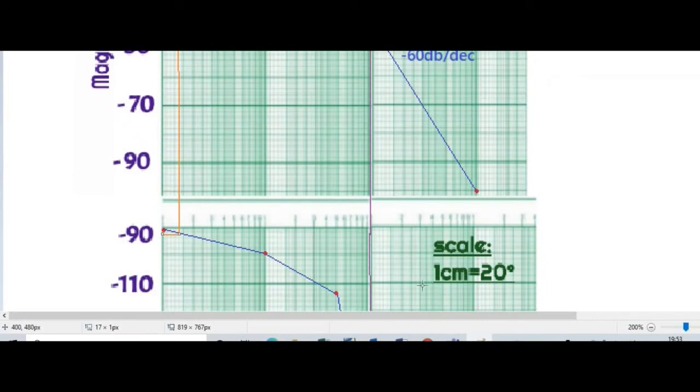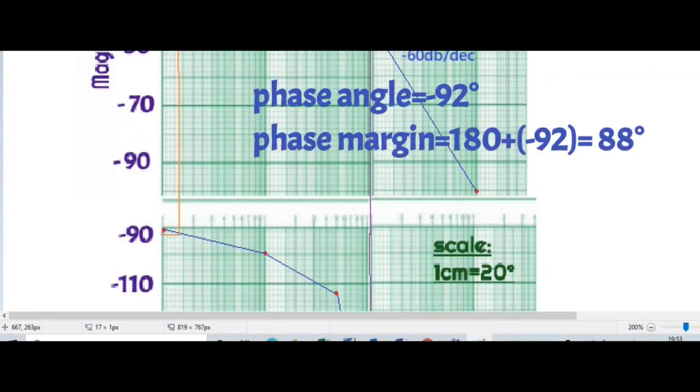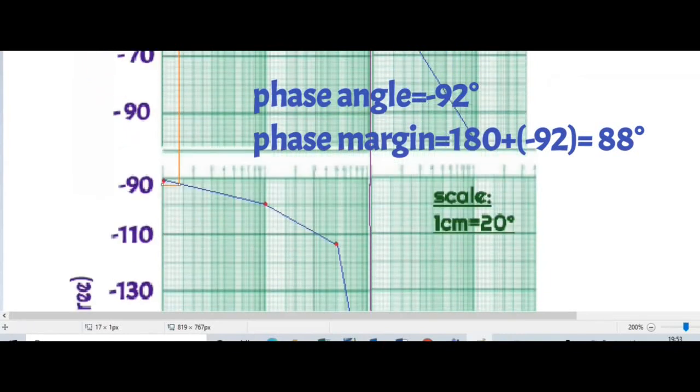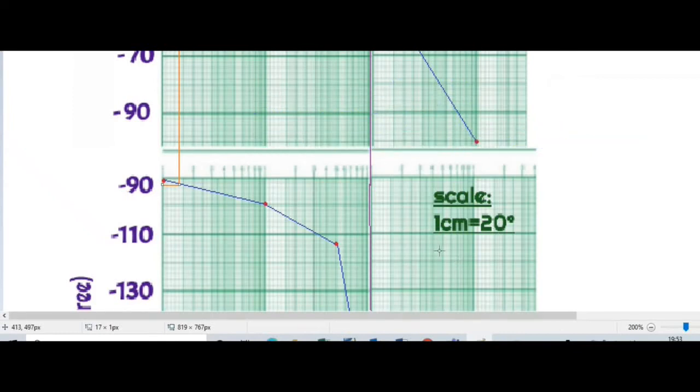Now if we observe here, what is the angle? It is after minus 90 degree, 1 millimeter below. So this phase angle is minus 92 degree. For this minus 92 degree, we will find the phase margin. Phase margin is 180 plus this phase angle. So 180 plus the phase angle, which here is minus 92 degree.